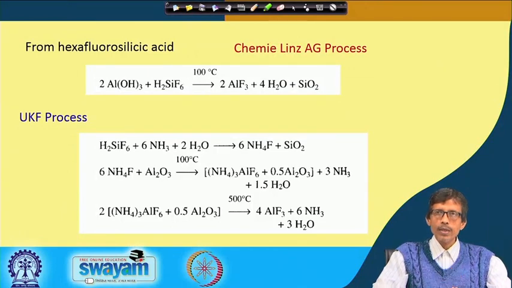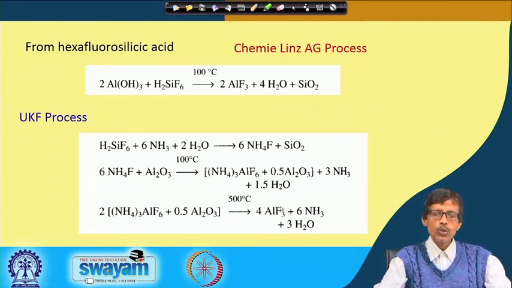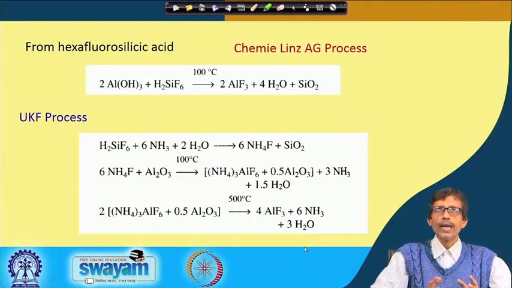So, a high temperature solid state reaction can give you a very straight conversion of the entire amount of aluminum to aluminum trifluoride. The whole amount heated at 500 degree centigrade is converted to AlF3, removing the entire amount of ammonia as NH3 and water molecules. So, we now have AlF3 in hand.